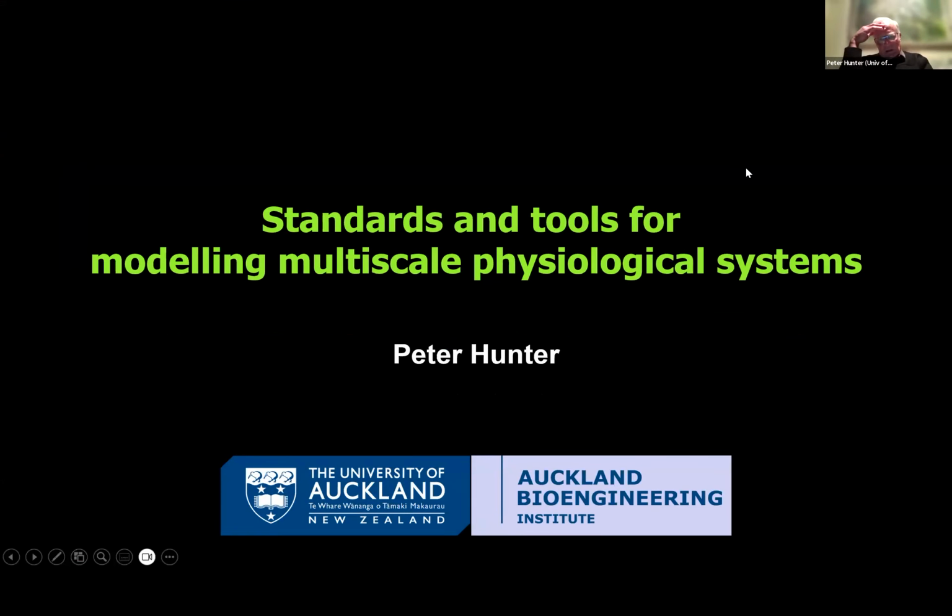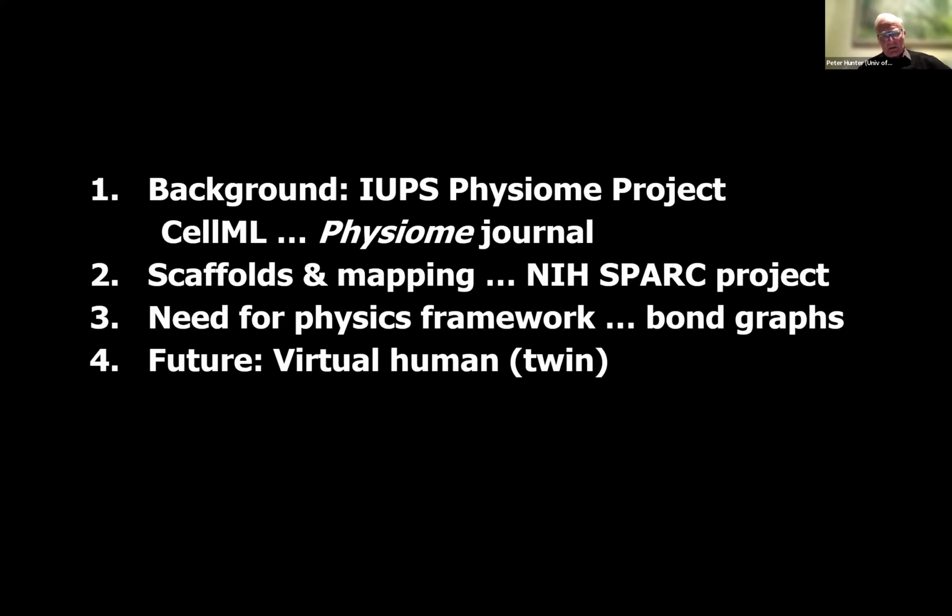The next two topics are the main focus of what we're doing now, which is building scaffolds and mapping neural and vascular systems, and also the need for a very solid physics framework for multi-scale modeling, which we've never really had, I don't think. Then I'll talk about future work in terms of the virtual human, and Lies will carry on in that area.